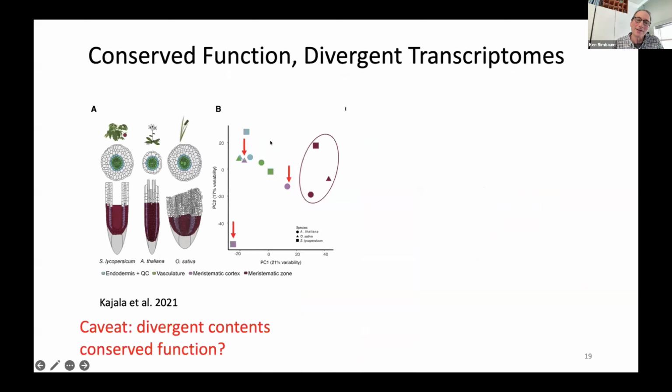And a lesson that came out to me, and which they stated very clearly in the paper, is that you can have the same cell type and the composition differ. I mean, this is a very broad evolutionary distance, right? And we've noticed this too, the composition of the cell types. Presumably, a lot of the function should remain the same. Here are cortex cells, and yet they don't really look anything like each other across the species.